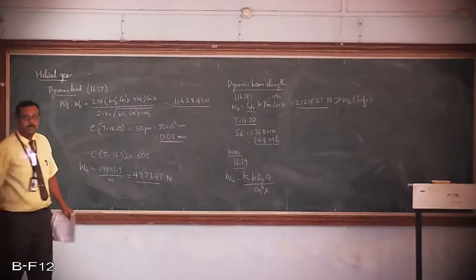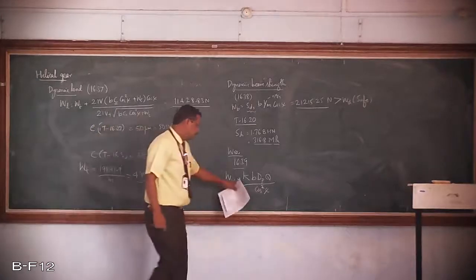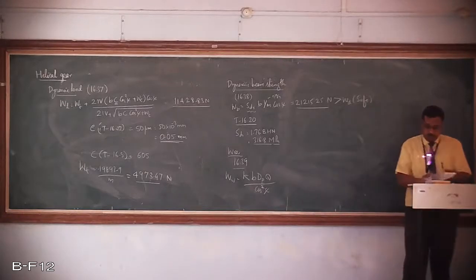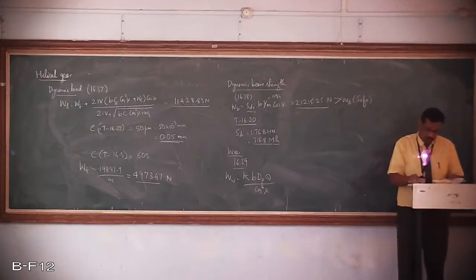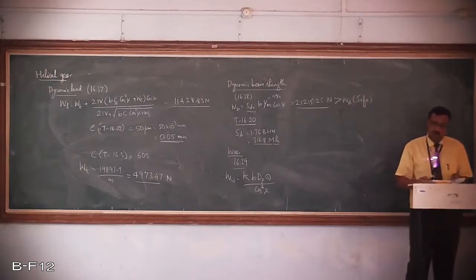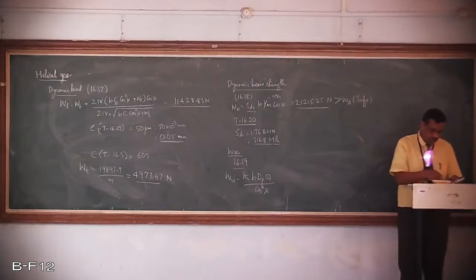Now, how to get the value of K? The value of K can be obtained in two ways. One is referring to the table. If you refer to table number 16.23, based on the hardness, you can find the value.